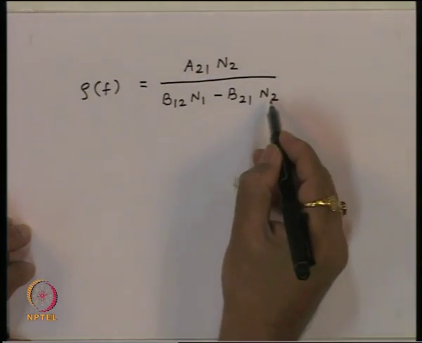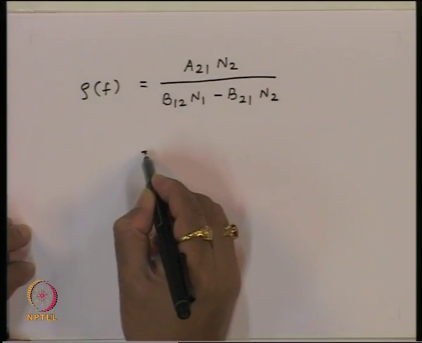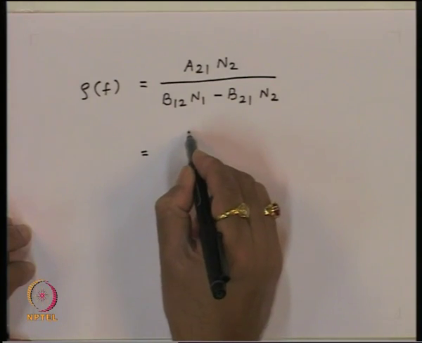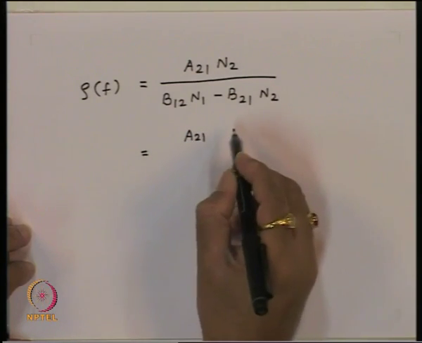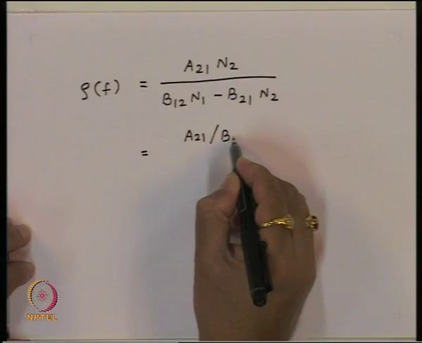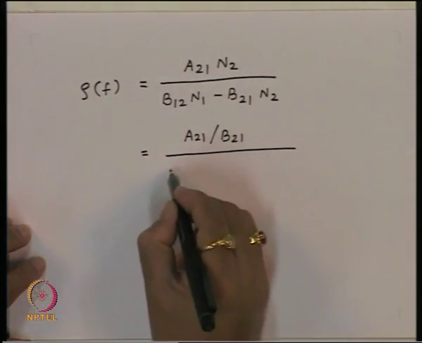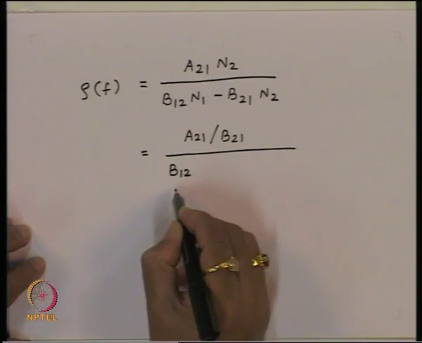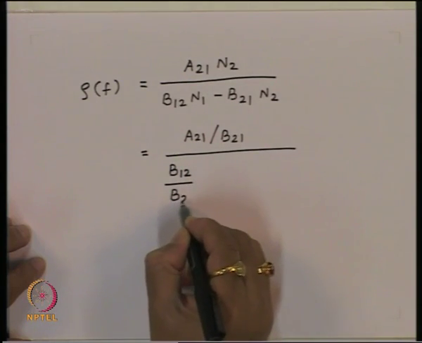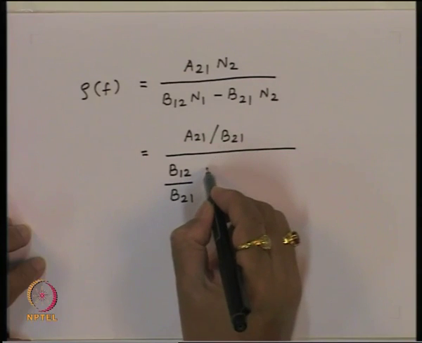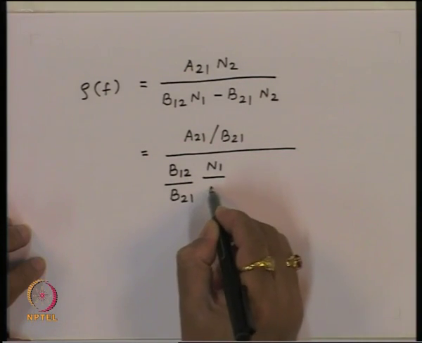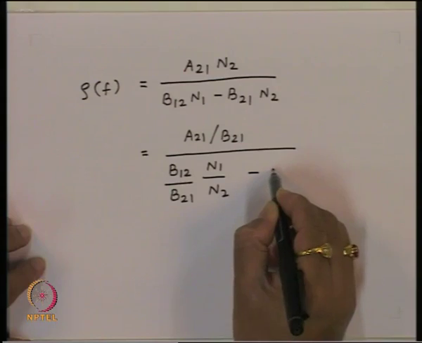By taking this B21 N2 common, that will be equal to A21 by B21 divided by B12 upon B21 times N1 upon N2 minus 1.